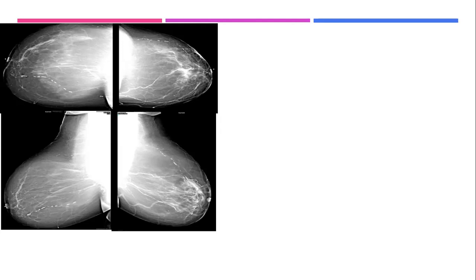The skin at the lateral part of the left breast is thickened, focal thickening of the skin. Yes, there is focal thickening, expected to be, and the ulcer was at about 3 o'clock. So this is the expected location of the ulcer.